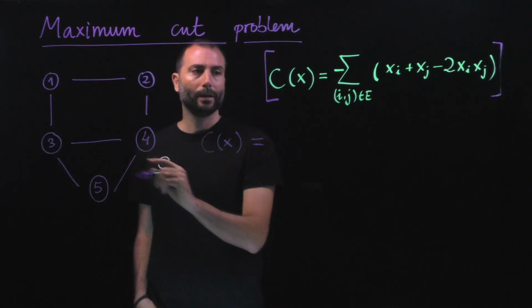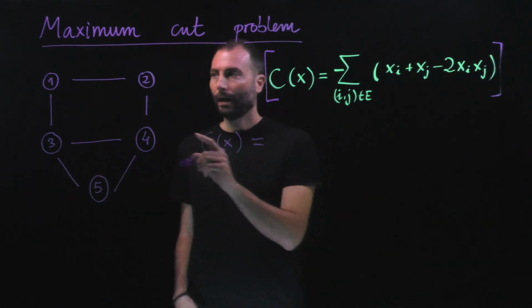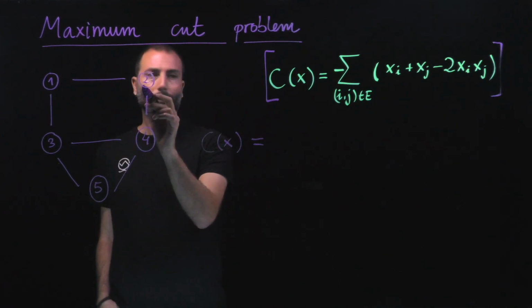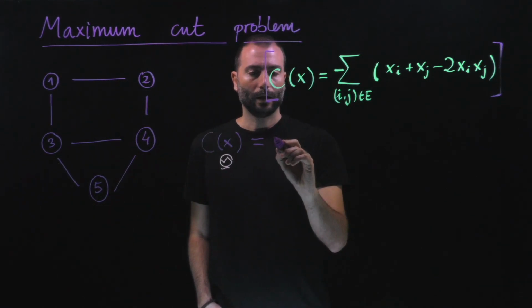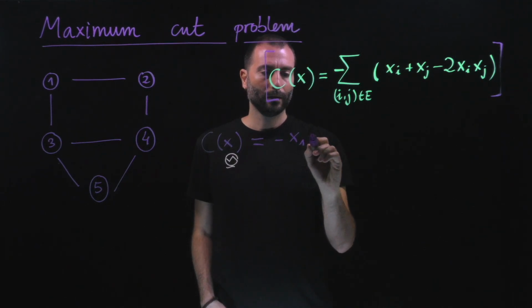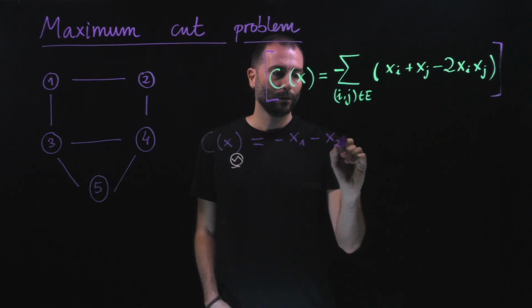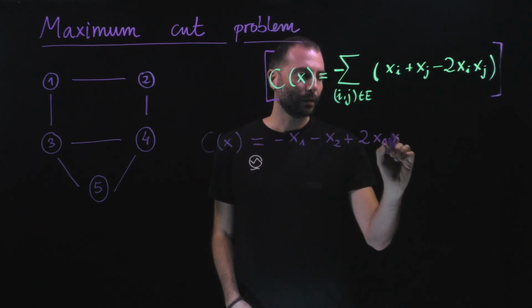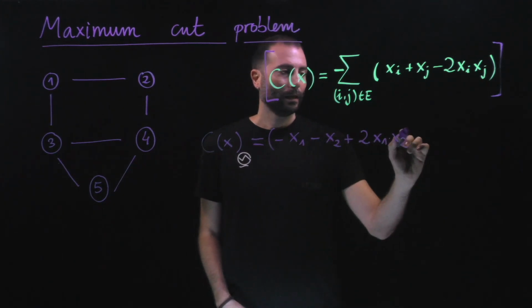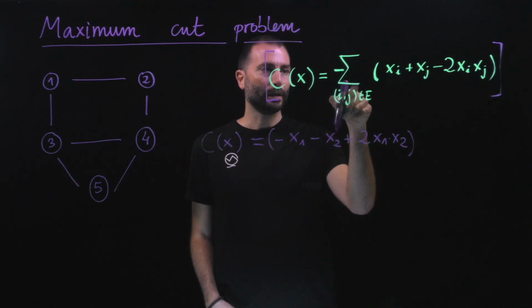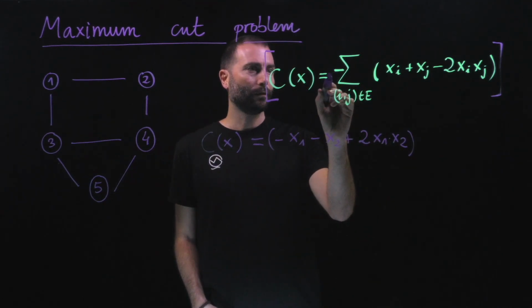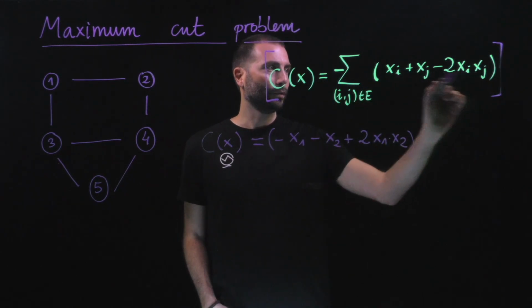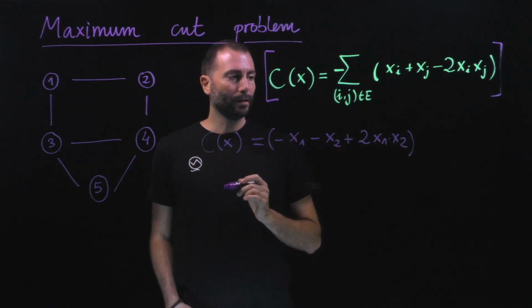So for this graph here, the cost function will be, we have an edge between vertex 1 and 2, so this would be minus x1 minus x2 plus 2 x1 times x2. Okay, this is the first term in this sum, where I just have applied this minus sign globally inside these parentheses.